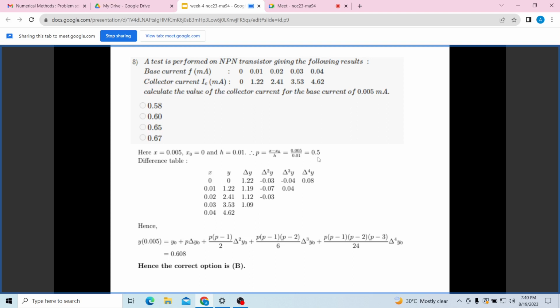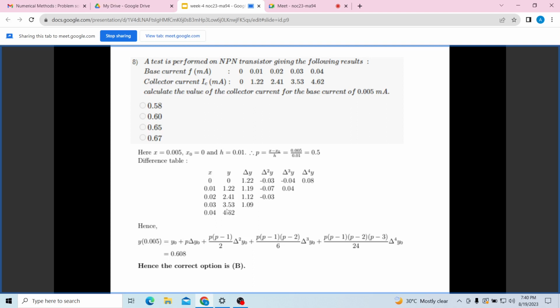Fine. Now we will calculate the difference table. For that, arrange the x values and y values. Now the first forward difference operator, that is del y, you will get 1.22 minus 0, that will give you 1.22. Now 2.41 minus 1.22, you will get 1.19. Similarly, subtracting 2.41 from 3.53, you will get 1.12.